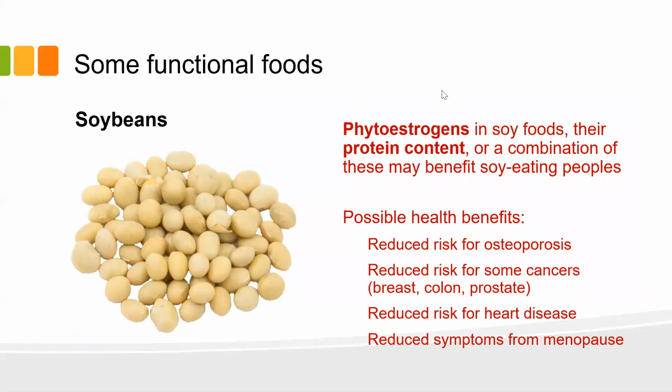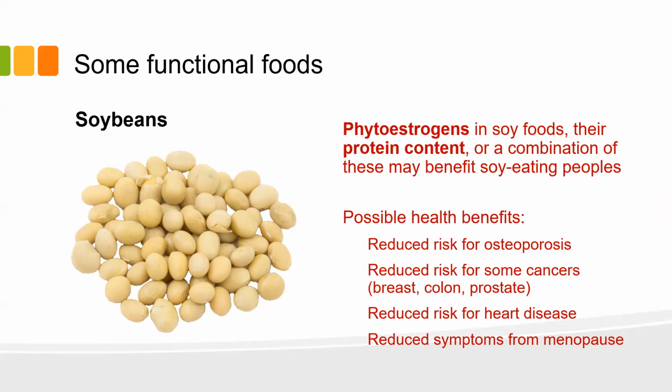How about soybeans? So here's another interesting one that people have been talking about for quite a long time. Of course, soybeans form the basis of the diet for many people, particularly if you're Asian. In some parts of Asia, this makes up a massive part of the diet.